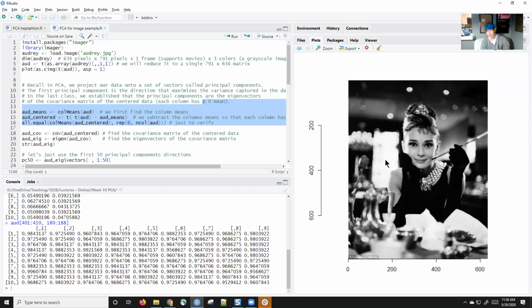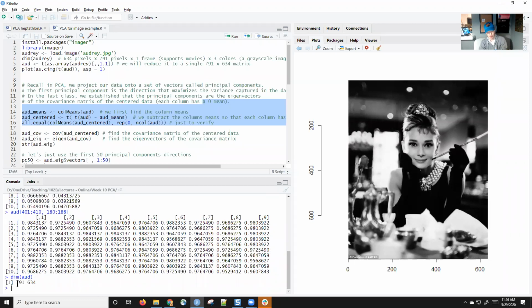And so this whole image is just a giant matrix of 791 rows, 634 columns. What we can do is take this matrix and reduce the number of variables.